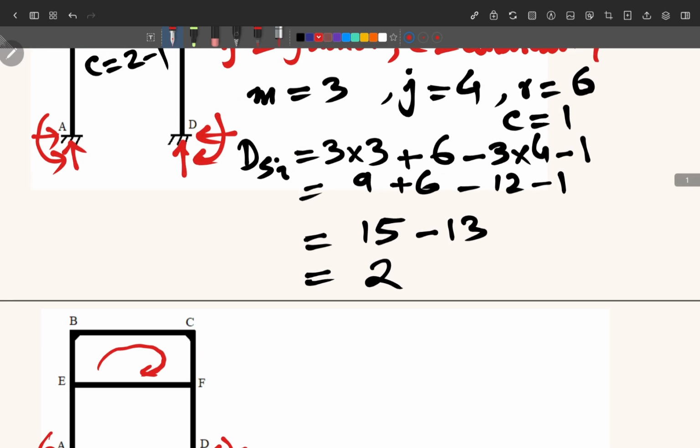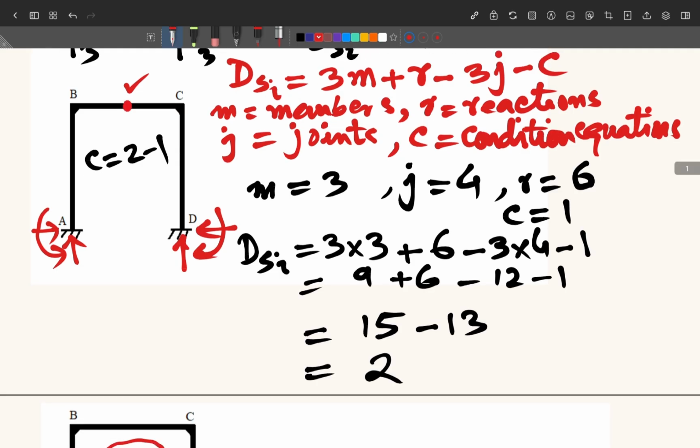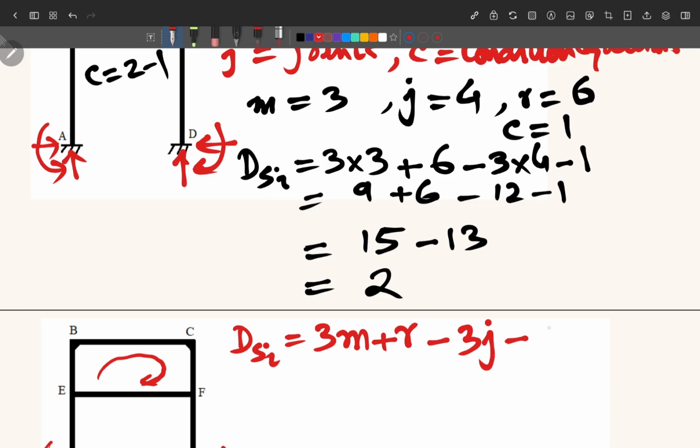And if we look at our equation, which is same as degree of static indeterminacy is equal to 3m plus r minus 3j minus c, we can write here degree of static indeterminacy is equal to 3 times m plus r, these are your unknowns, minus 3 times the joints, and then minus the equations of conditions.